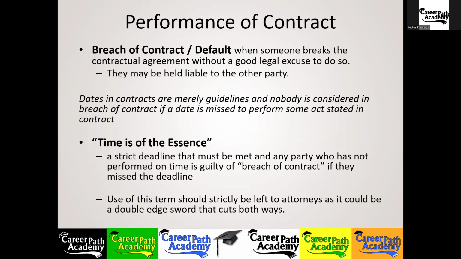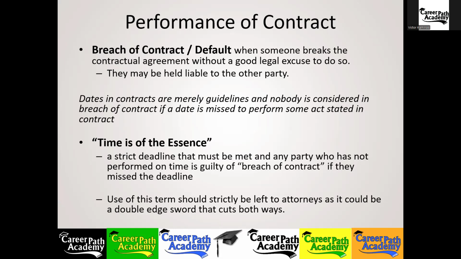However, sometimes we want to make sure that things get done by certain dates. It's very important they do. In that case, time is of the essence, so to speak. Time is of the essence is a term that should be left for attorneys to use.